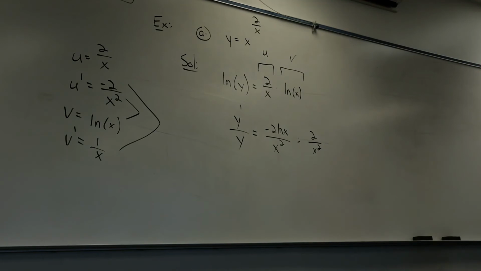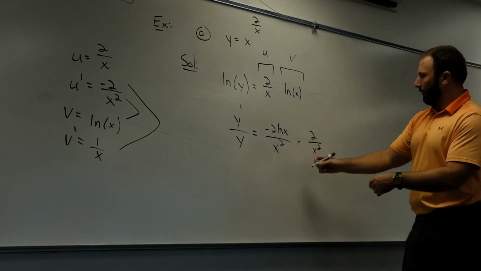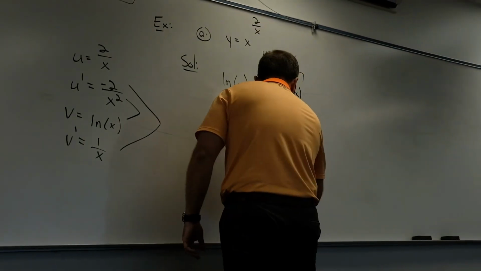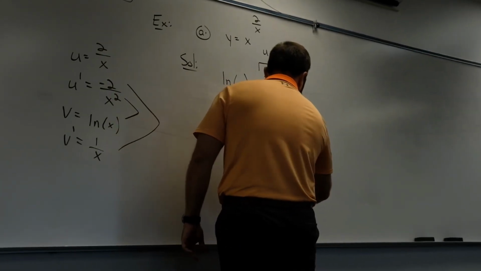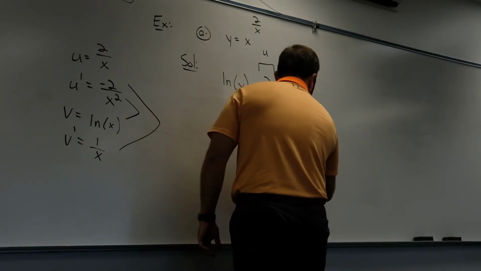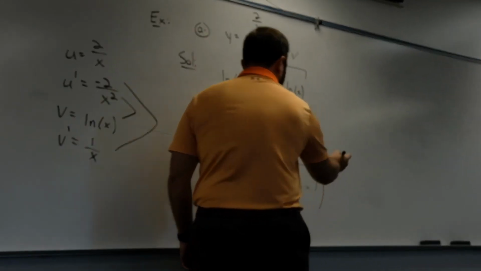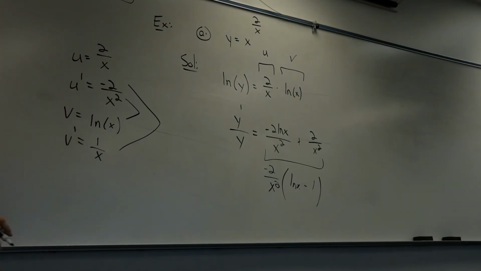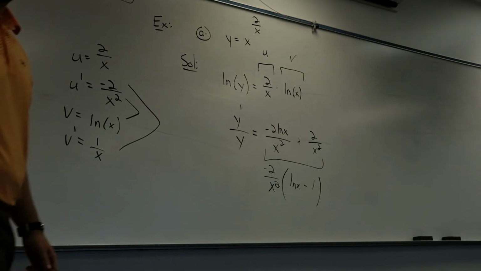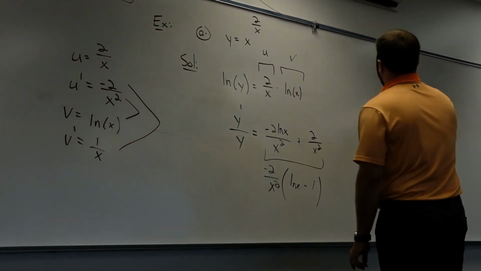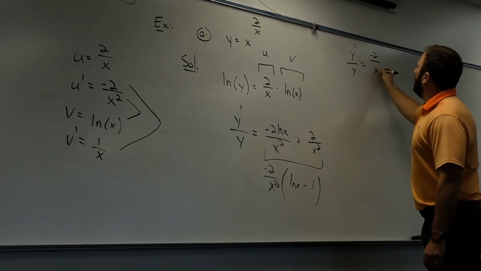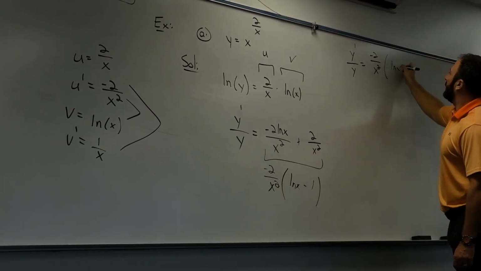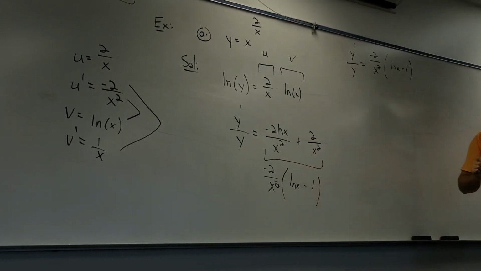Let's pull out a negative 2 over x squared. We're going to be left with an ln x minus 1. So we pulled that negative 2 over x squared out, so this simplifies a little bit. Rewriting this, we've got y prime over y equals negative 2 over x squared times ln x minus 1.